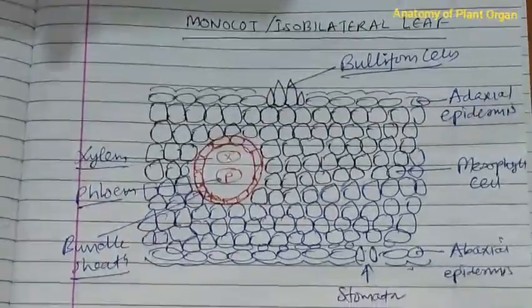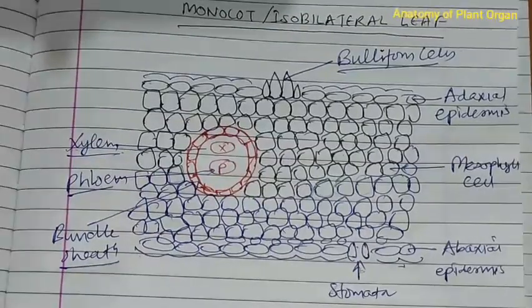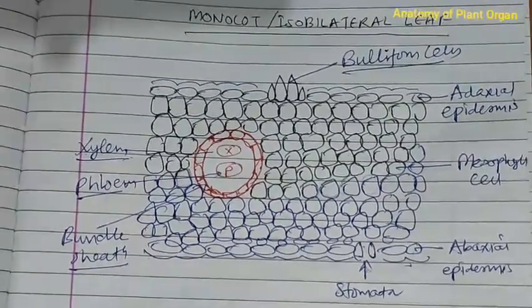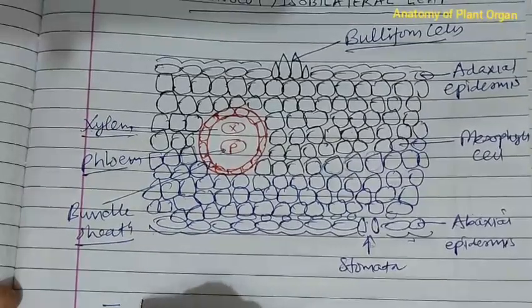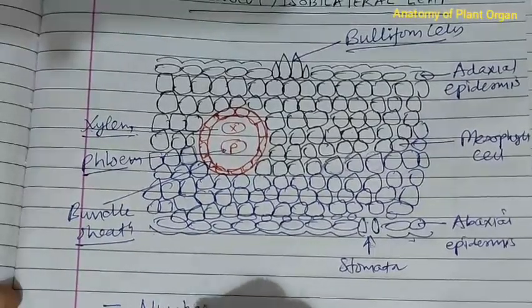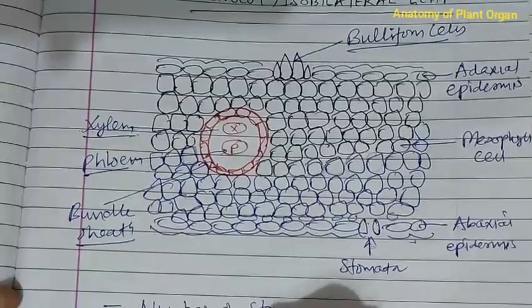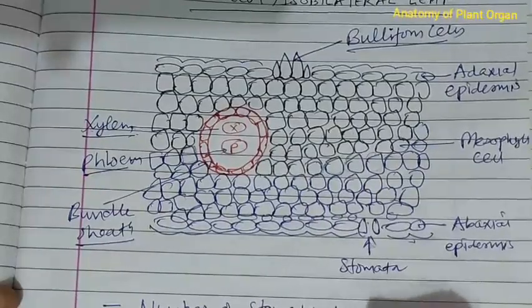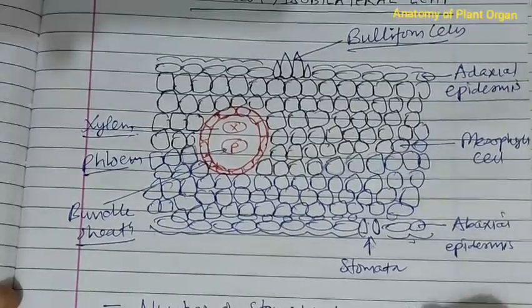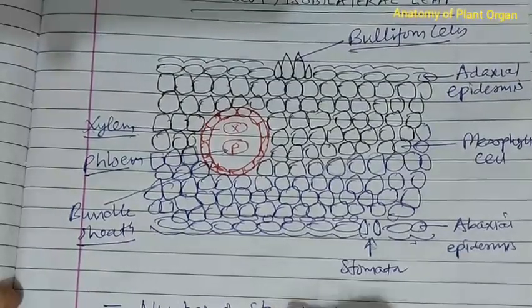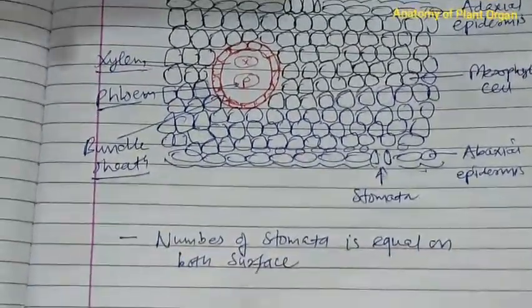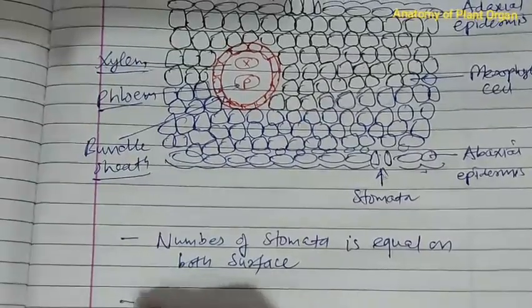So now this is the structure of what? Monocot. Now monocot is known as isobilateral leaf, as we can say that the number of stomata is equal on both surfaces, that is upper and lower epidermis both have an equal number of stomata.